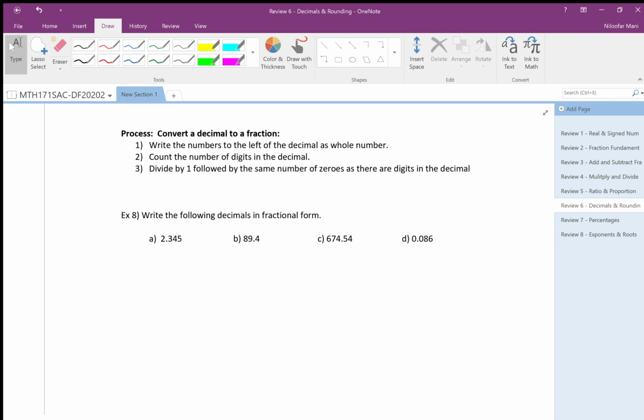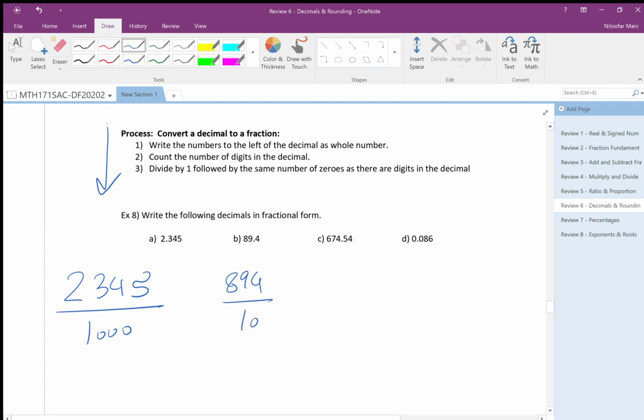Write the number to the left of the decimal as a whole number, count the number of digits in the decimal and divide by 1 followed by the same number of zeros.